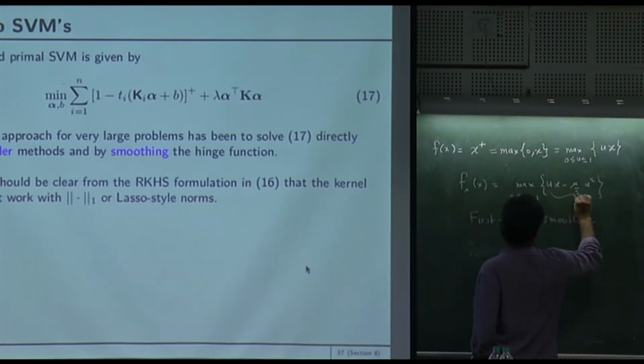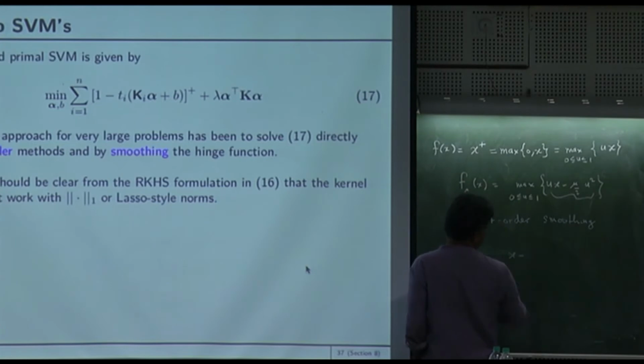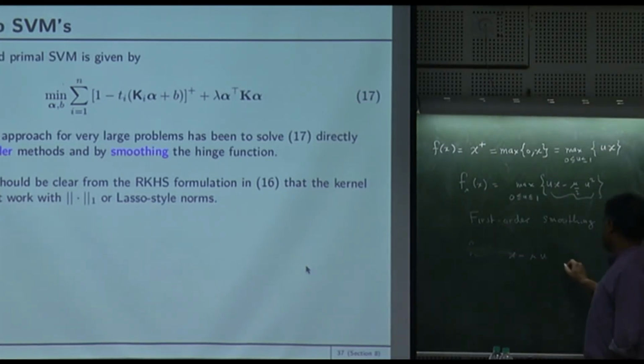If I take the derivative of this object, I get x minus mu u. That tells me that the optimum u star will turn out to be the minimum. Well, it's a little bit complicated. Take my word for it that this is the right answer. u star will turn out to be the minimum of the absolute value of x over mu and 1, the whole thing multiplied by the sign.